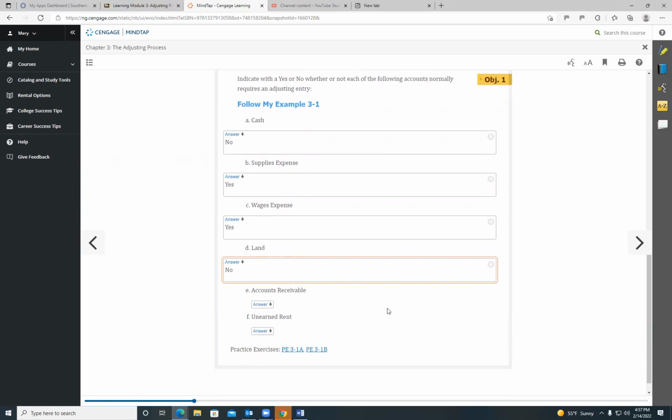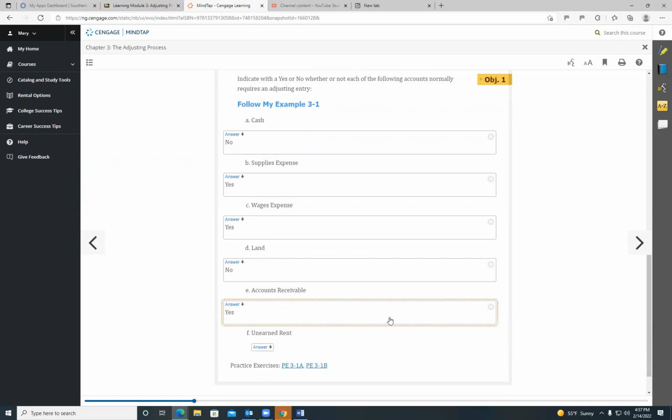So you're definitely going to have to record it to accounts receivable until you're actually paid. So the answer to E is going to be yes. And then unearned rent. Well, we just used unearned rent as an example of unearned revenue and how at the end of the month, when we've now earned 1 month of that rent, we get to do an adjusting entry to record it to revenue. So the answer is yes.